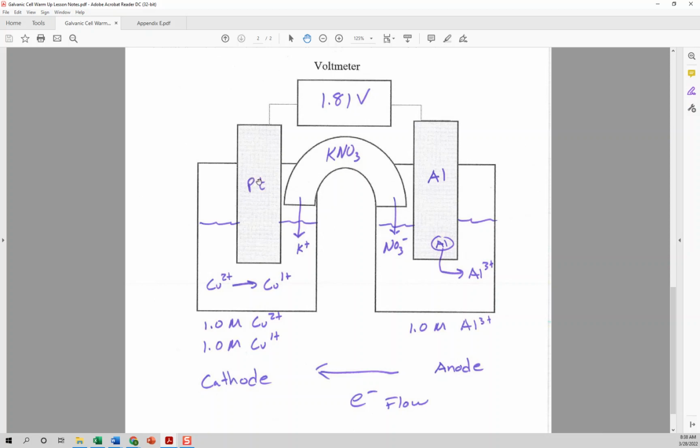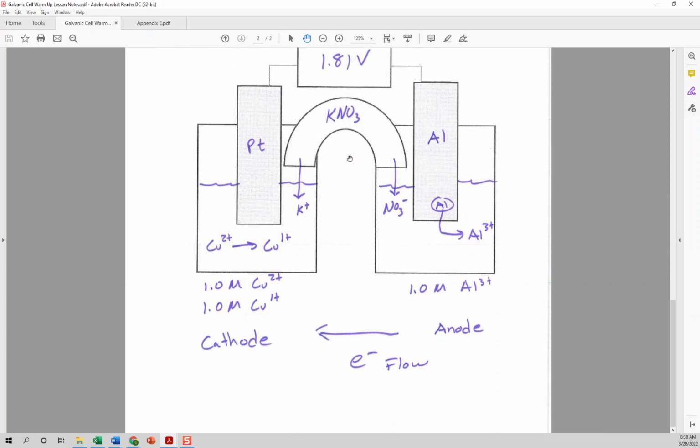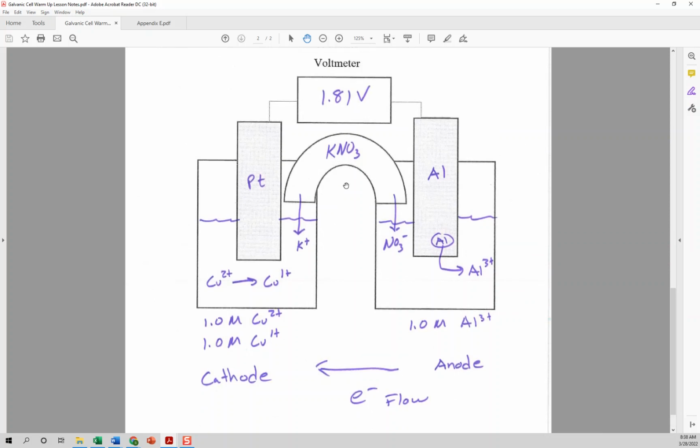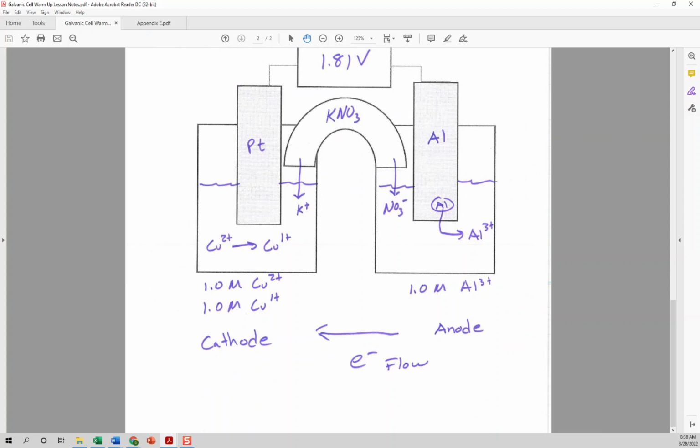When you have to pick a salt bridge, potassium nitrate's a good choice because potassiums don't really react with anything in solution, and nitrate ions don't really react with anything in solution. Okay, so those are good to choose from. All right. So anyway, that's the basics.